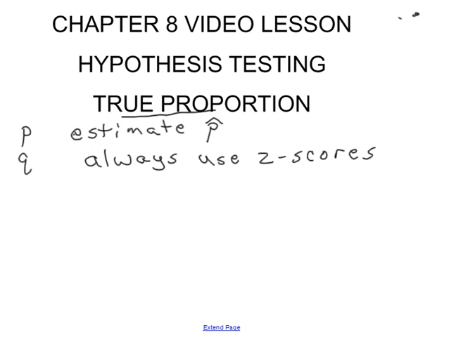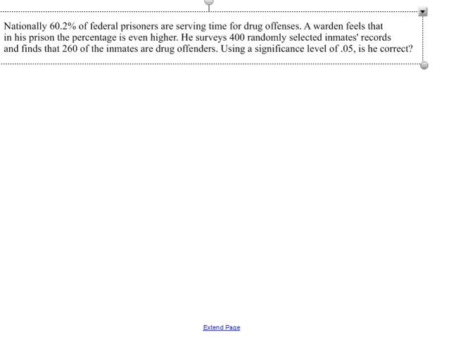Now, we'll look at a particular example here. It's going to be a critical value approach, just like with the first video we did, so it's going to have the same 6 steps.